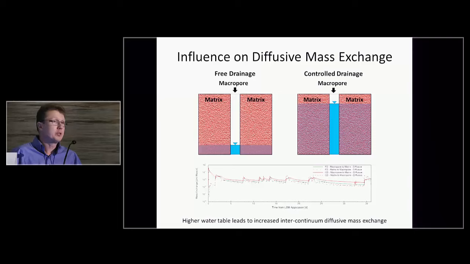Another one of the things we were able to elucidate with the model was the influence of diffusive mass exchange between the soil matrix and the macropore domains.